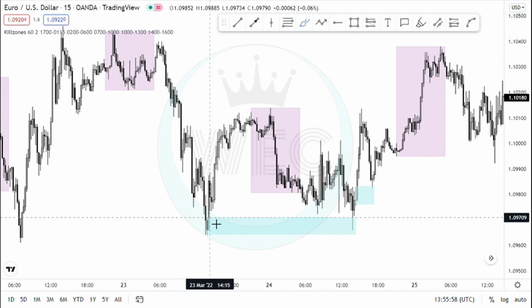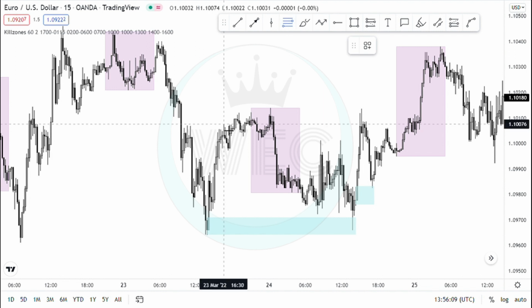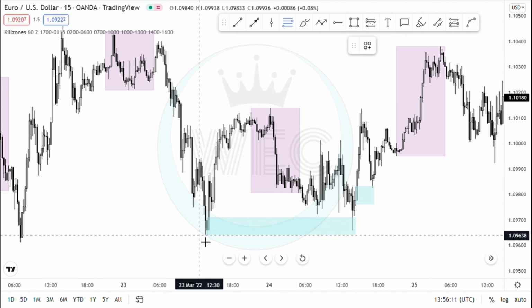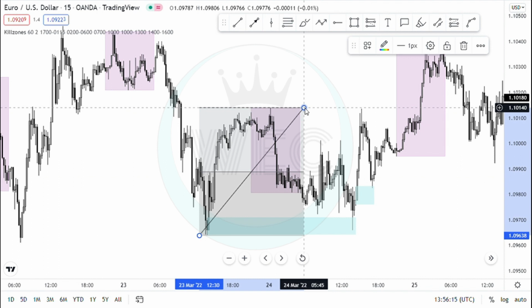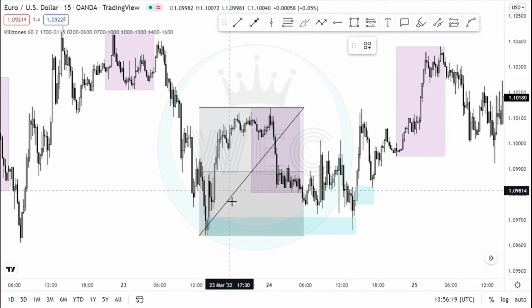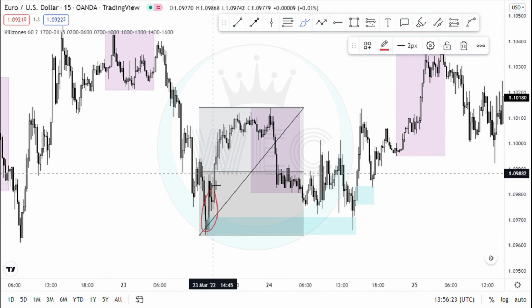The second criteria was to make sure that the candle is within discounted or premium zones, right? In this scenario, it was an uptrend, so we are looking at that candle within discounted zones. If I take my fibs, you can see that it is within discounted zones. Both candles that I was looking at were within discounted zones.